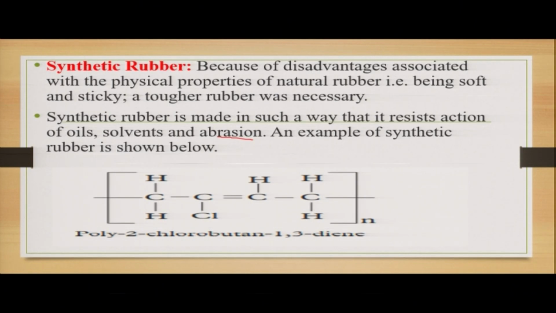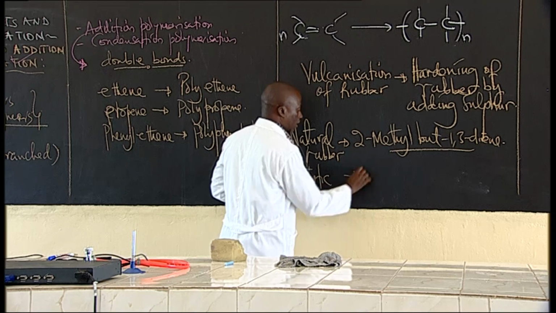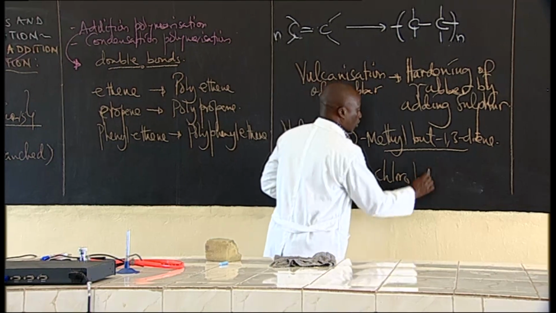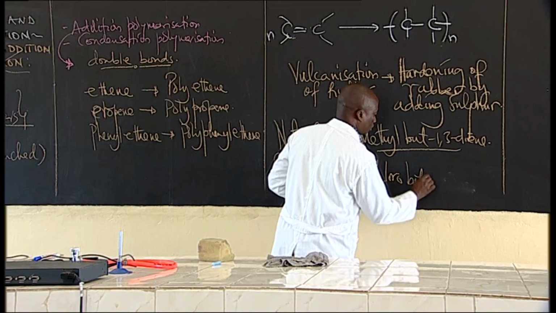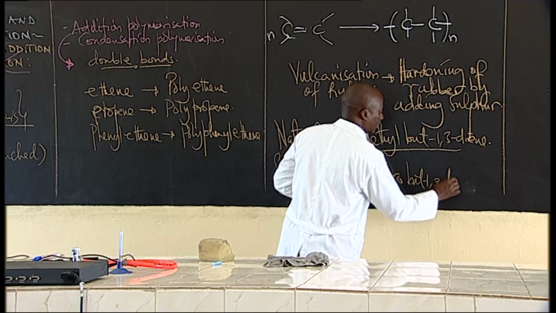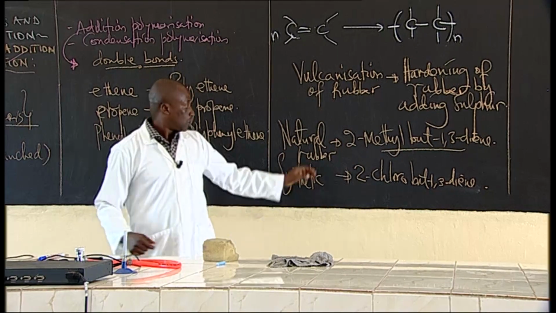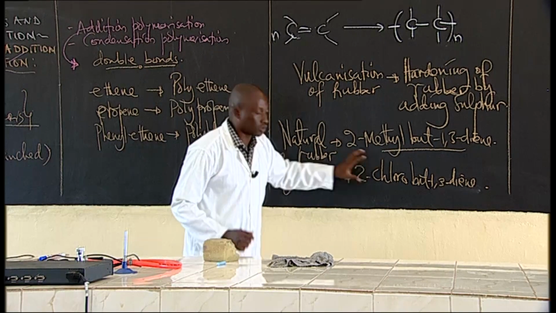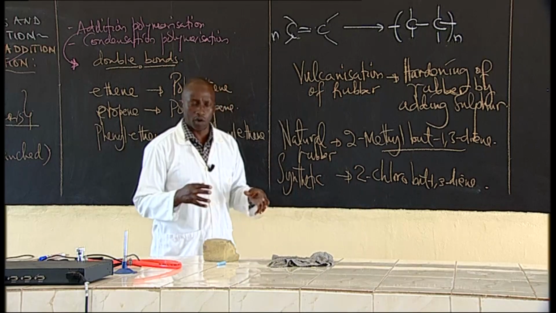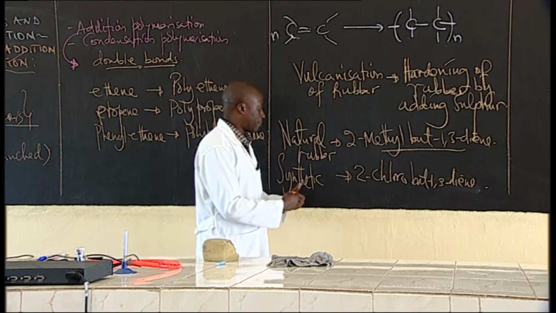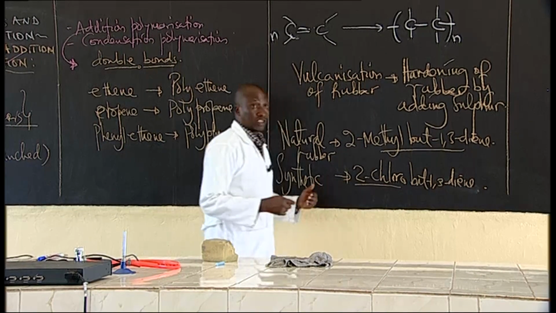Whereas the synthetic rubber will be made from 2-chloro-but-1,3-diene. These molecules are small units, these are monomers, not the rubber.